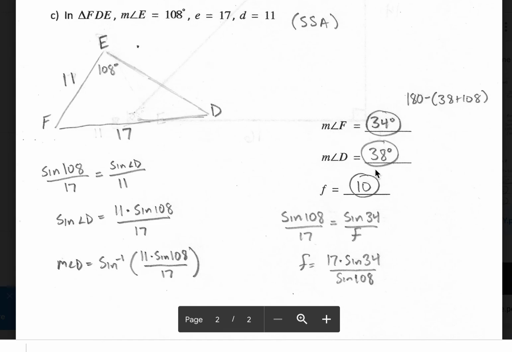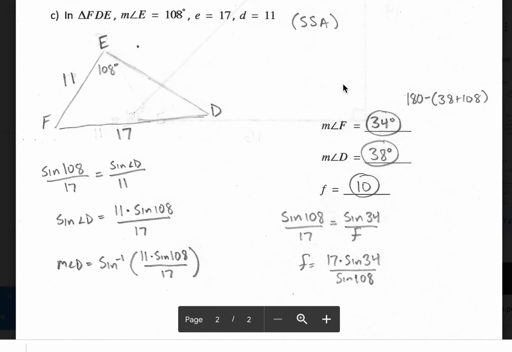All right, so how'd you do? Angle F should be about 34 degrees. I solved for angle F after I solved for angle D. So here's my work shown if you did that.